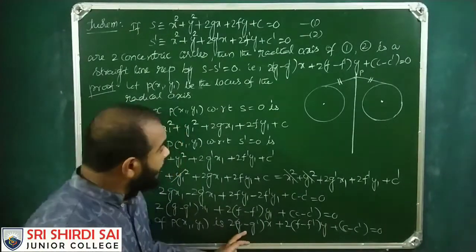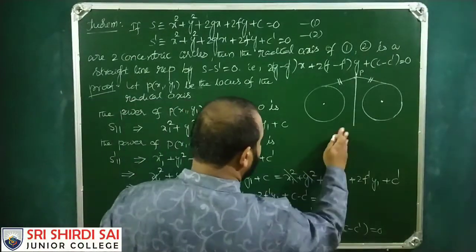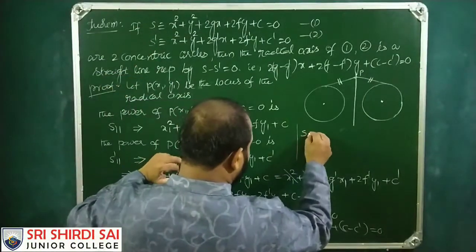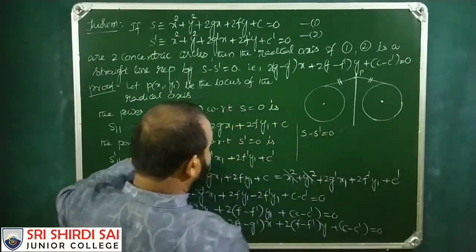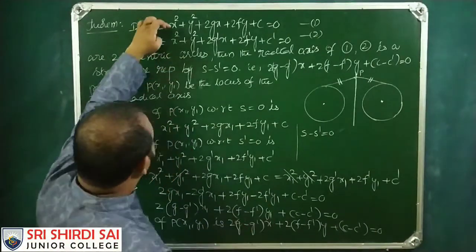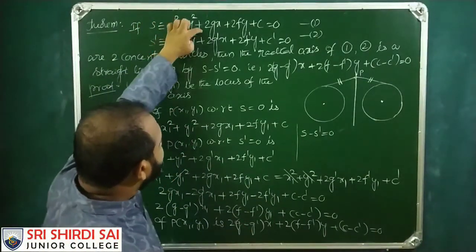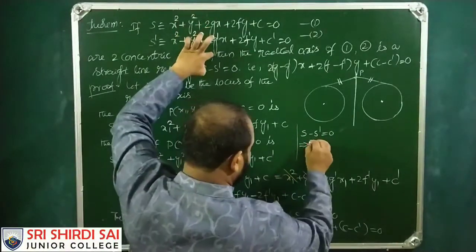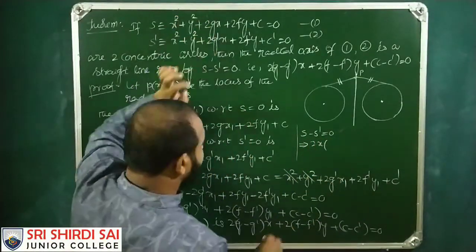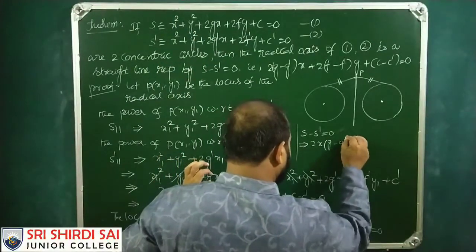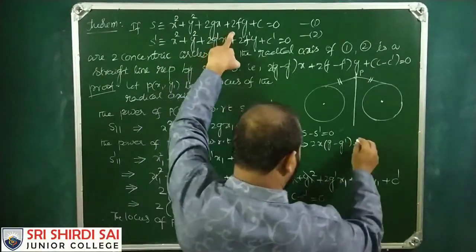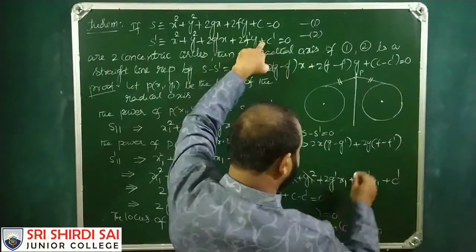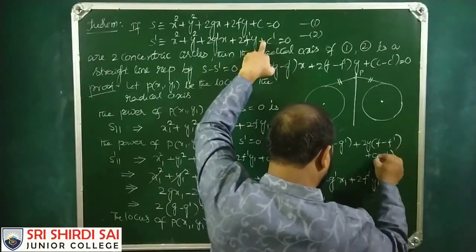So if you see S minus S dash equals 0 here, the squared terms get cancelled, and we are getting 2x into (g minus g dash) plus 2y into (f minus f dash) plus c minus c dash equals 0.